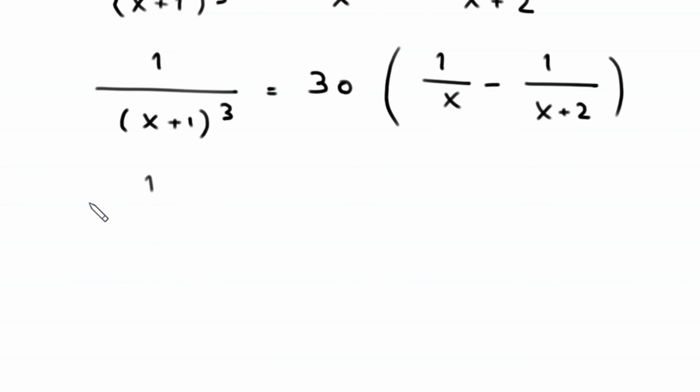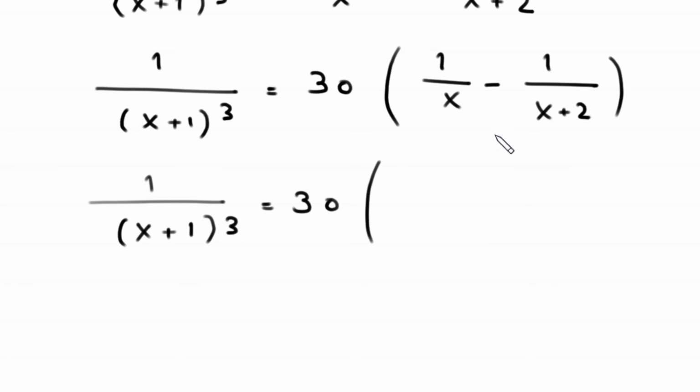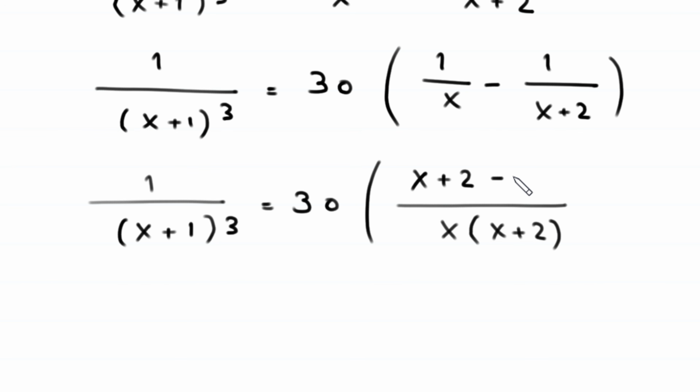Next, 1 divided by (x plus 1) whole cubed equal to 30 times, we take the LCM of these two denominators. The LCM is x times (x plus 2). So x plus 2 times 1 is x plus 2, and x times negative 1 is negative x, and this negative x will be cancelled out with this positive x.